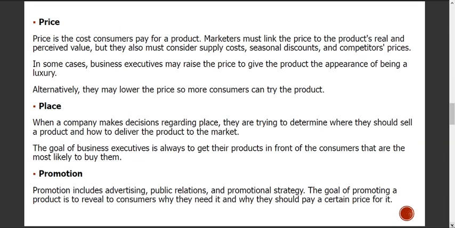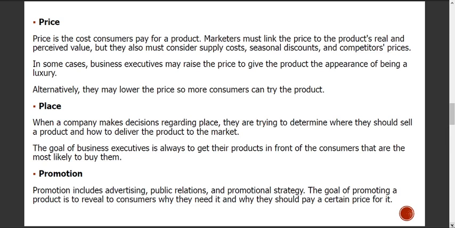Our next P is the price. At what price are you intending to sell your product? In our second class, we looked at the different objectives and strategies of pricing. As you price your product, what is your aim? Are you looking at profit maximization, where you're going to consider all the costs of production and the expenses incurred?